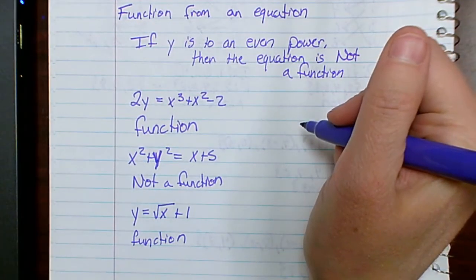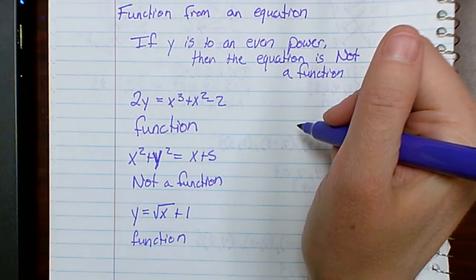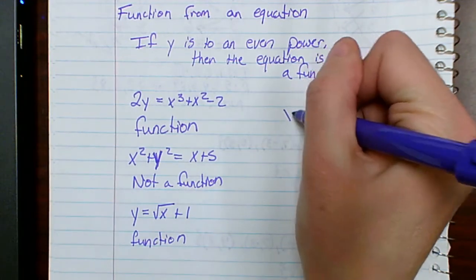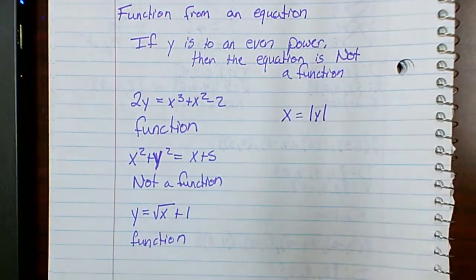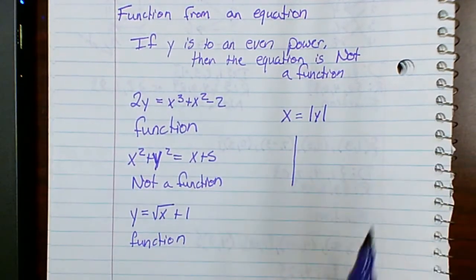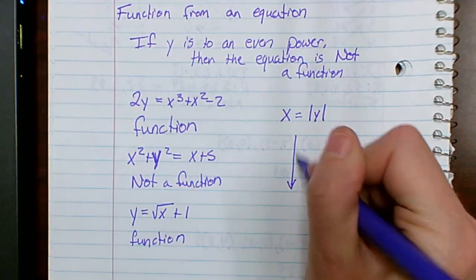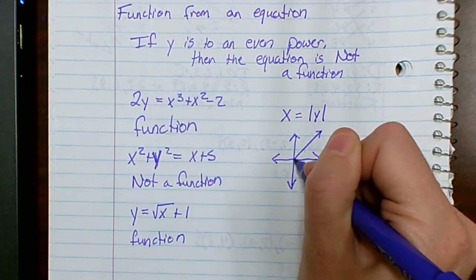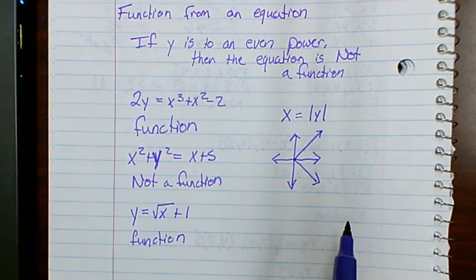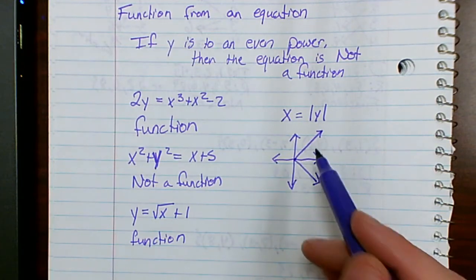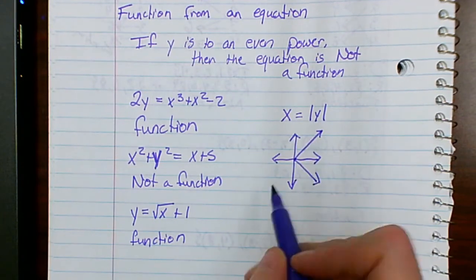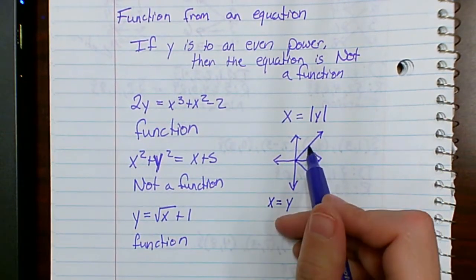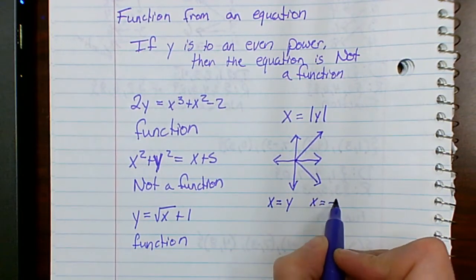One particular thing that I have to point out here is this special one. If I write the graph to it, yes, y is technically not to an even power, but if I write the graph out, the vertical line test does not work, because for every x we have, x can equal a positive y or x can equal a negative y.